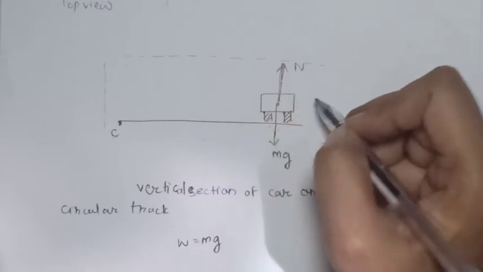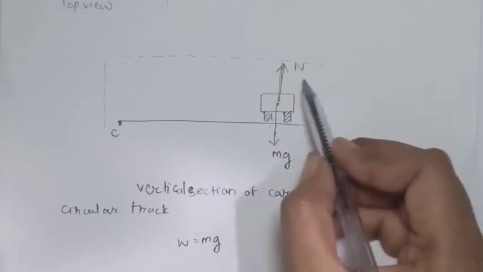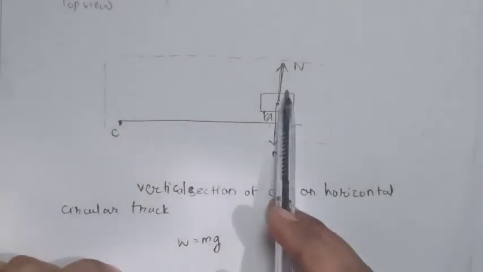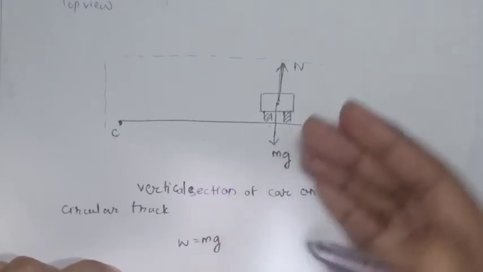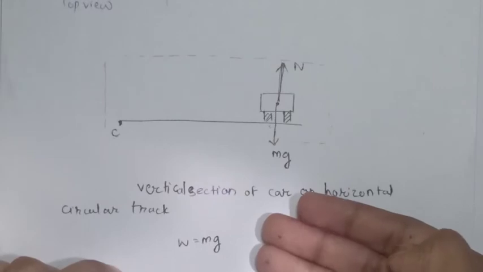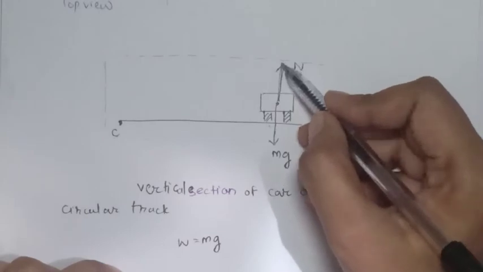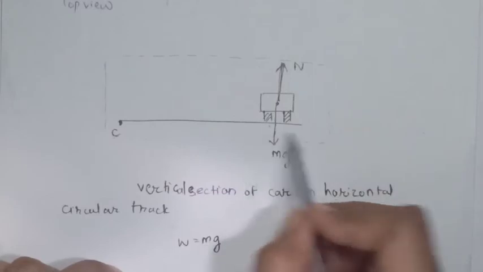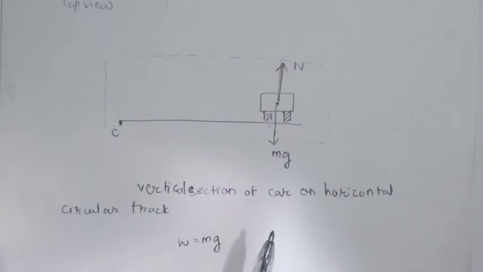The normal reaction of the surface of the road on the car will be given by N. Normal reaction is the force exerted by a surface on an object in contact with it, which prevents the object from passing through the surface, and this force is perpendicular to the surface. That's why we draw it like this. And it is the only force that the surface exerts on the object in the absence of frictional force.